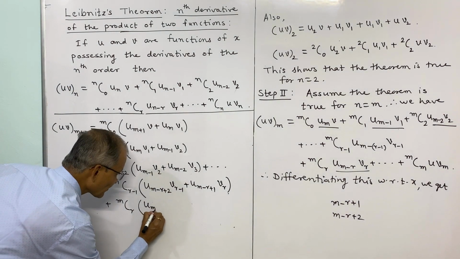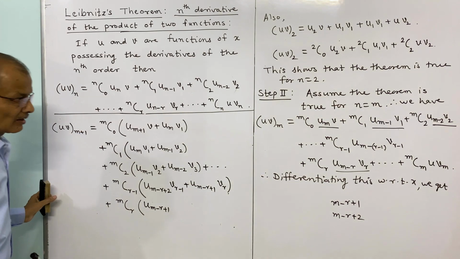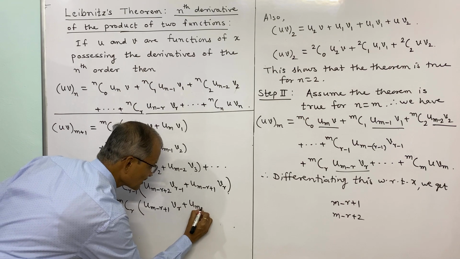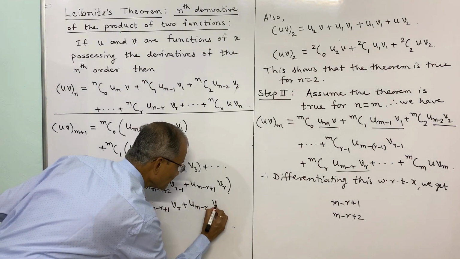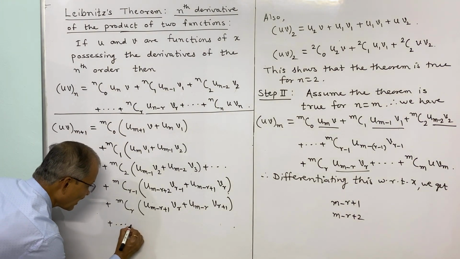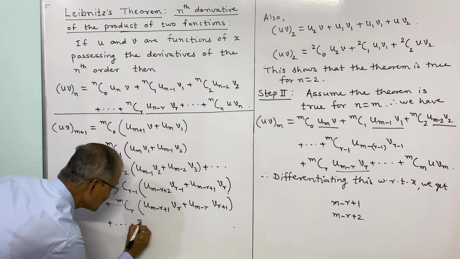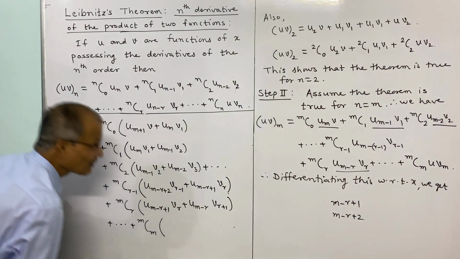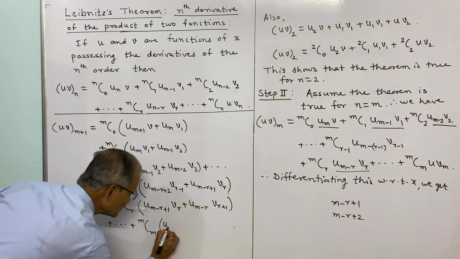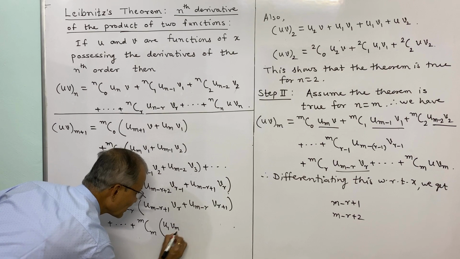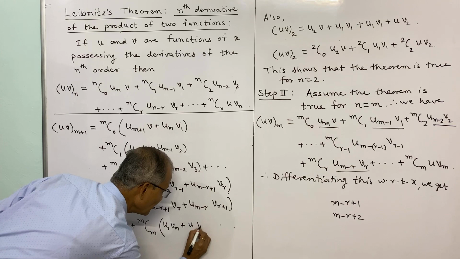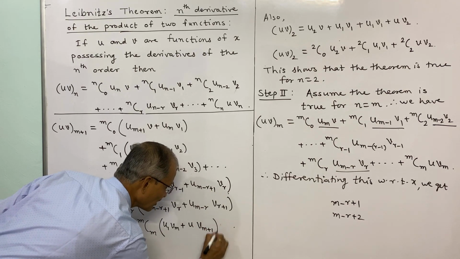So it is u_(m minus r plus 1), derivative of first, v_r as it is, plus first as it is, u_(m minus r) as it is, derivative of v_r is v_(r plus 1), and this is continued, plus, and finally what we have is m choose m, and in brackets the derivative of u into v_m, that will be derivative of u is u1, v_m as it is, plus now the first as it is, u, derivative of v_m is v_(m plus 1).